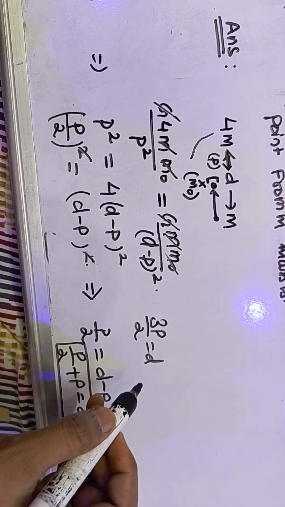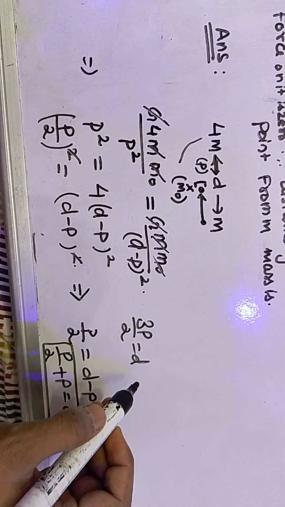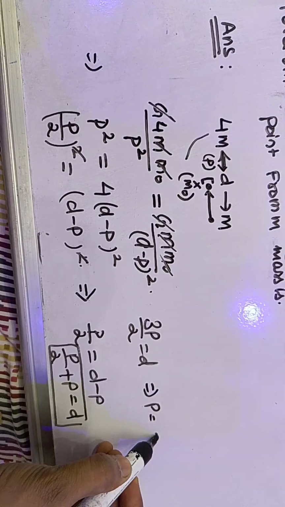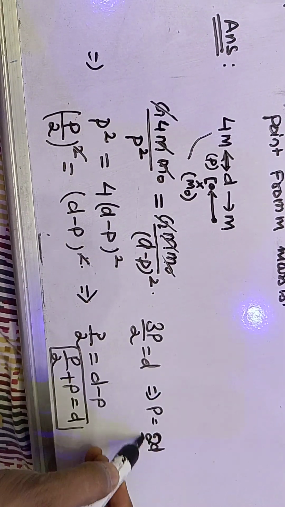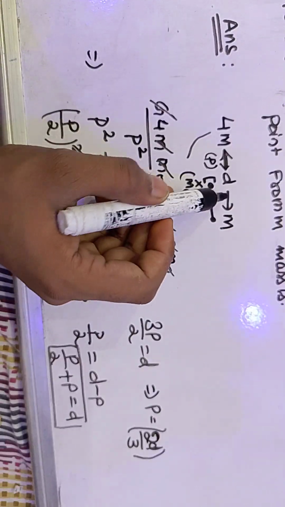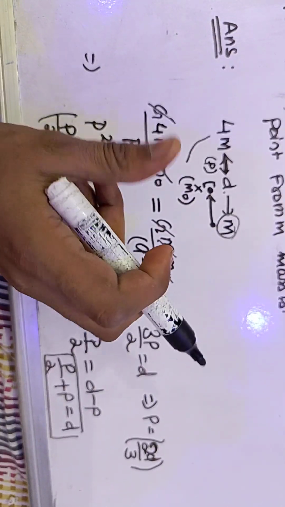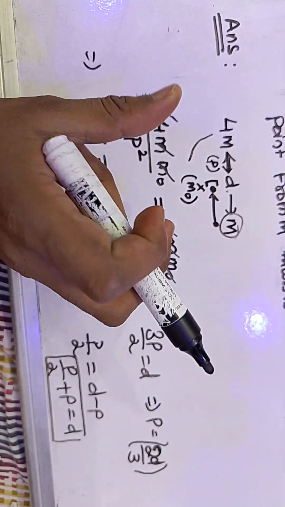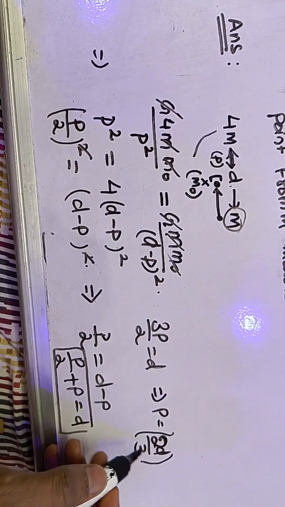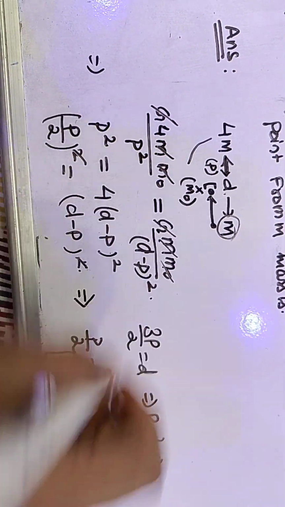So p is equal to 2d by 3. The distance from m will be, as we know that the whole distance is d, so we subtract this from d to get the distance between m0 and m.